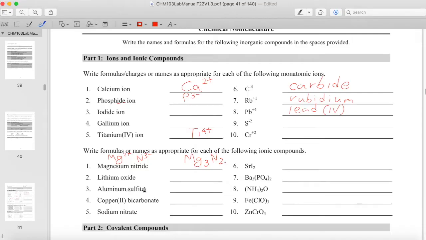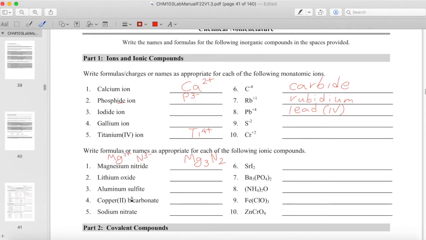Okay, this involves some either memorization or looking up the formula of these ions. So, for example, if we were to do, actually either aluminum sulfide or, tell you what, let's try the copper 2 bicarbonate, because that gives us a good example of something with a Roman numeral. Okay. You need to look up what bicarbonate is, or at least memorize it.